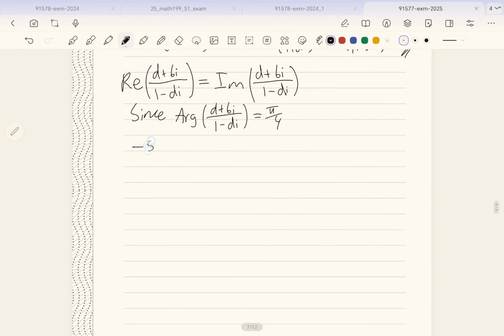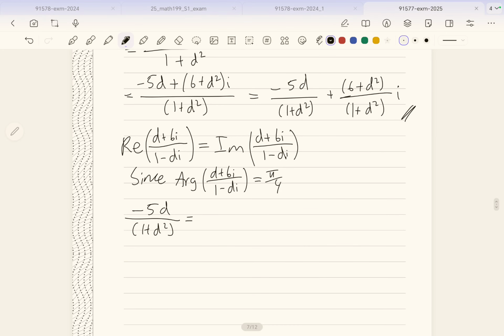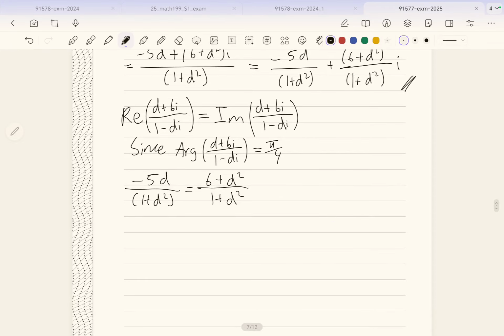So minus 5d on 1 plus d squared is equal to 6 plus d squared on 1 plus d squared. So if we multiply each side by 1 plus d squared, we get rid of the denominator, which gives us negative 5d is equal to 6 plus d squared.